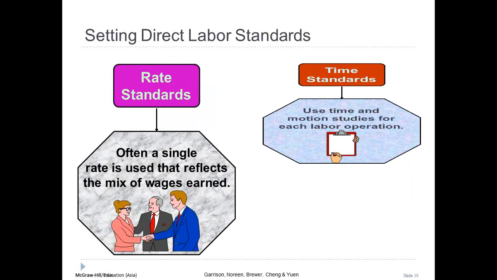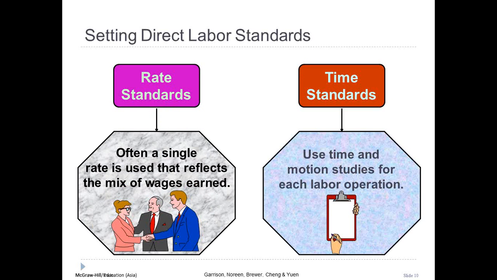Many companies prepare a single rate for all employees within a department that reflects the mix of wage rates earned. The standard hours per unit reflects the labor hours required to complete one unit of product. Standards can be determined by using available references that estimate the time needed to perform a given task or by relying on time and motion studies.